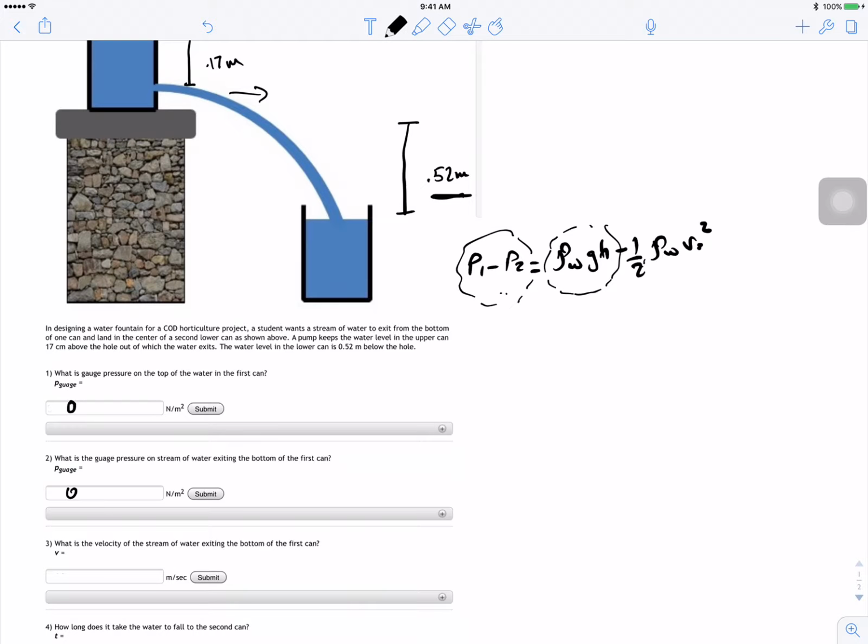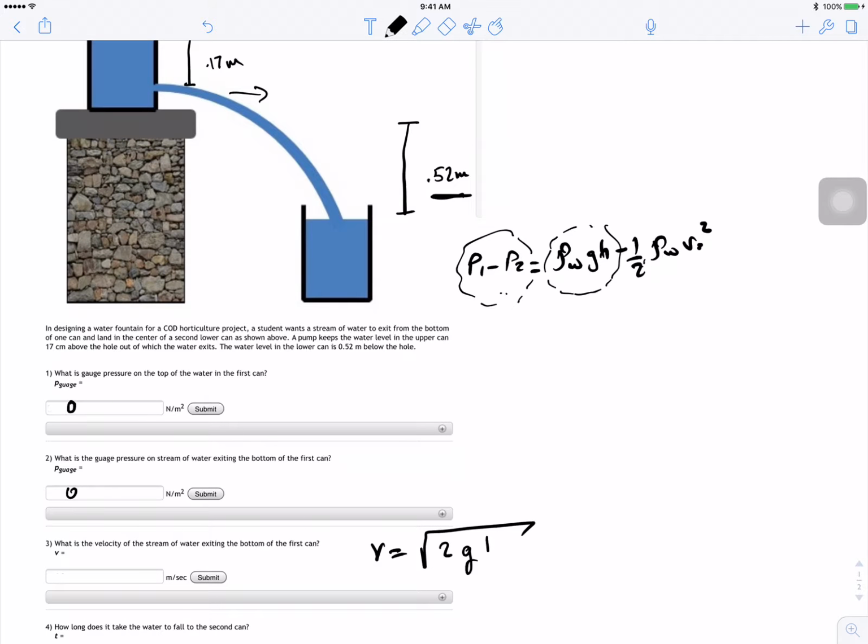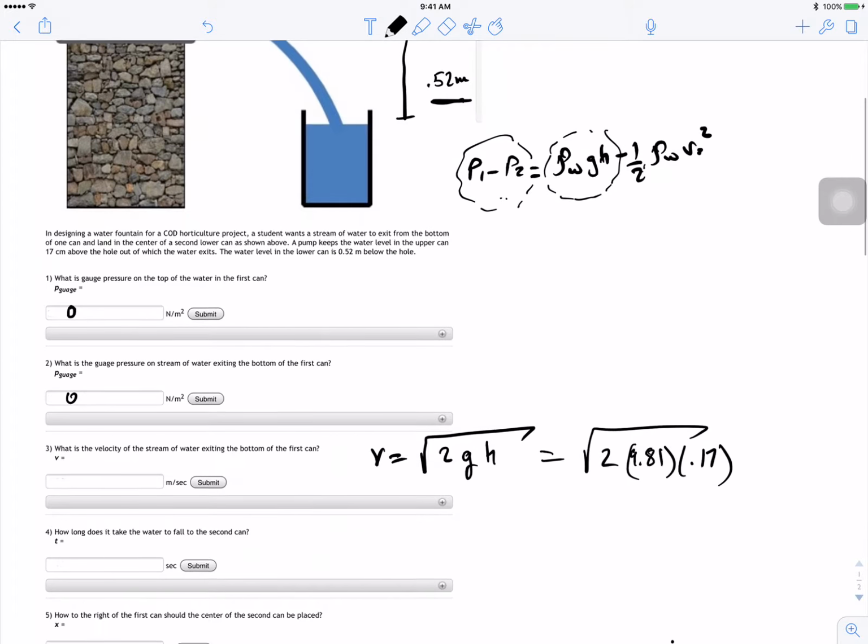So now, what's the velocity of the stream of water exiting the bottom of the first can? For this we use v equals the square root of 2gh, and h in this case is, let me just call it h, 2 times 9.81 times 0.17.